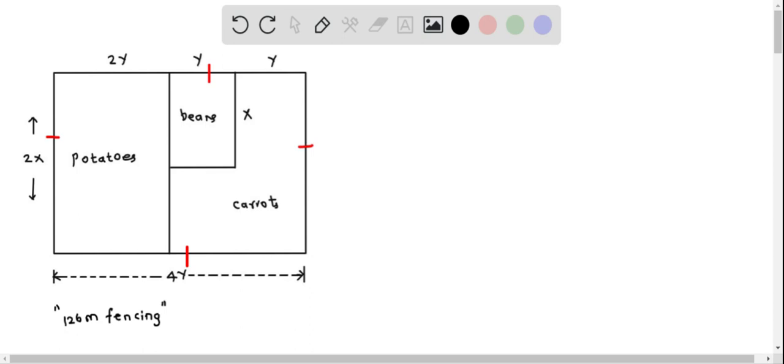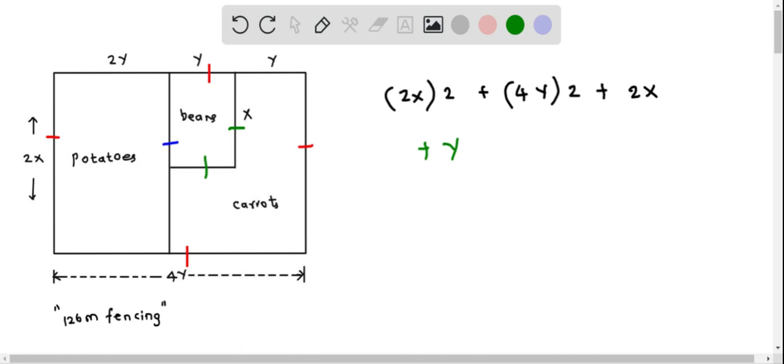Since we have twice of 2x, I'm going to write down this as 2x times 2, plus along this 4y side we have twice of this, so I write down this as 4y times 2, plus the homeowner is to fence this side which has the side length of 2x, so let me write down 2x, and he will also be fencing along this side which has a side length of y, so I add y, and then finally he has to fence along this side which has a side length x, so let me put plus x.